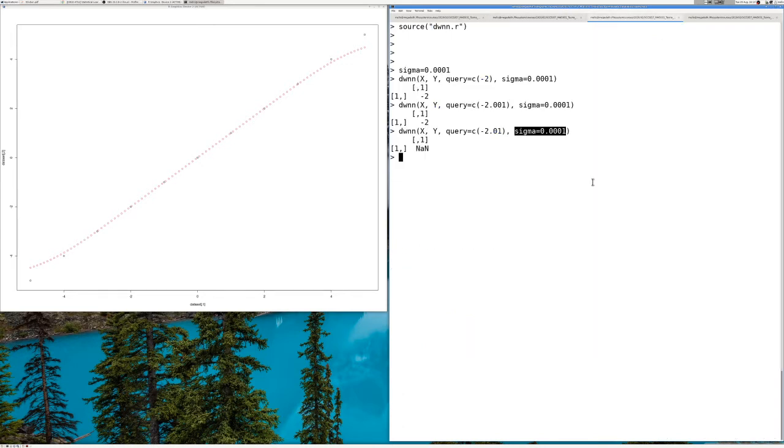So it's the same as doing something like this. I try to verify the weights for distances like 1, 2, 3, and 4, but my sigma is quite small.